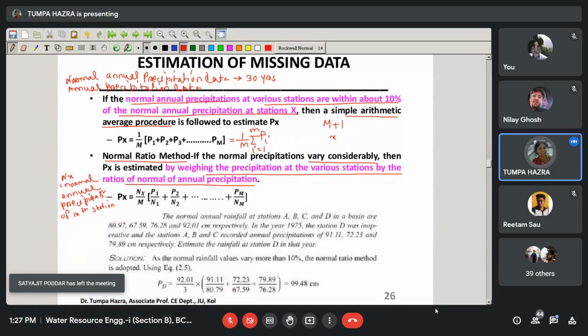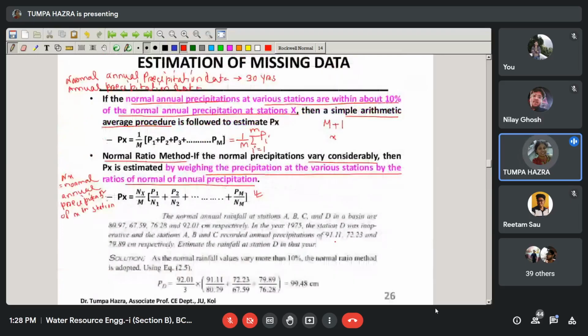Any of the two methods you will use if you find data for a particular year is missing.